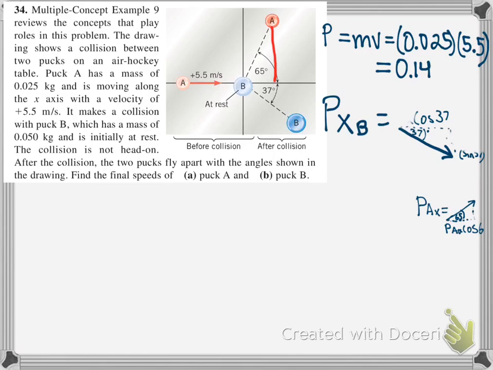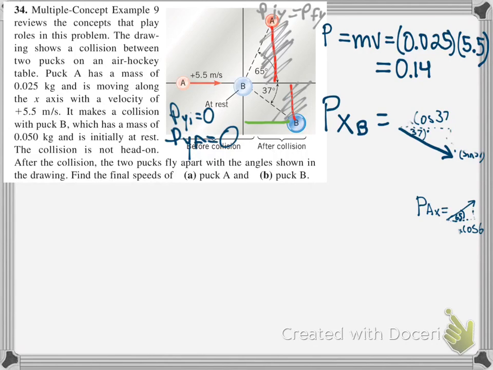In this case, the y's are going to cancel out because the y momentum initial, p_y initial, equals 0, because puck A is only moving in the x, which means the final y must also equal 0. I drew them in red here. The y's are going to cancel out, for that reason, the conservation of momentum.